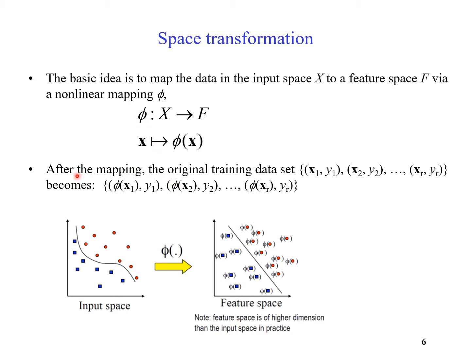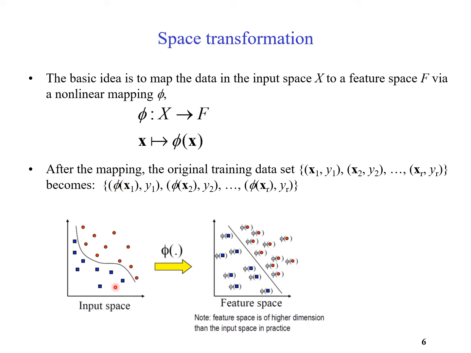So for example, here, let's say the original data is x1, y1, x2, y2, etc. Then let's say we have a mapping. Mapping means we transform input data to higher dimension, right? Then this x1 should be mapped to this, and x2 should be mapped to this, etc. So every data is mapped to a higher dimension through this pi mapping function.